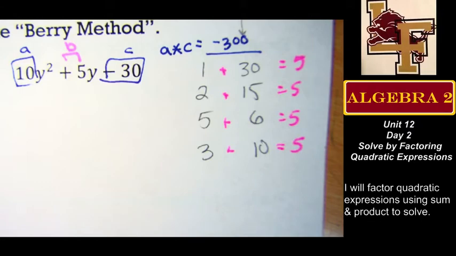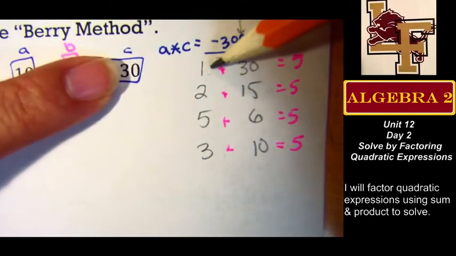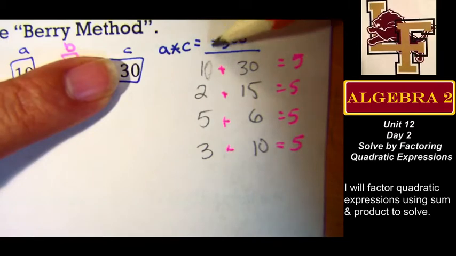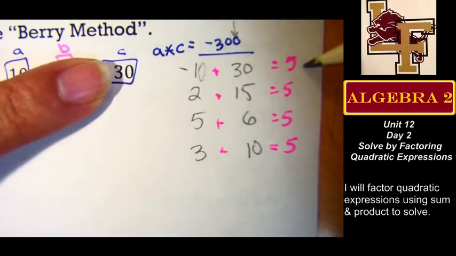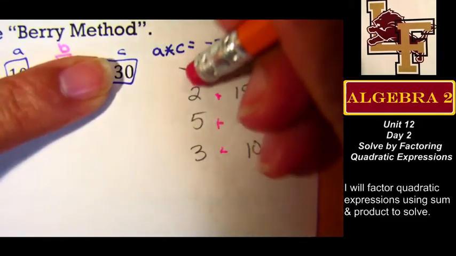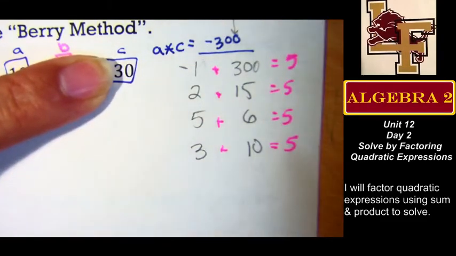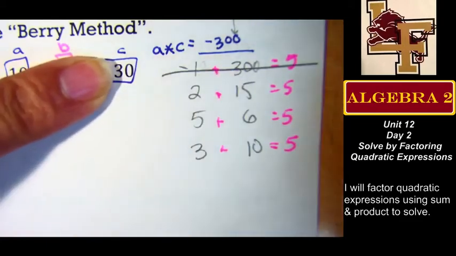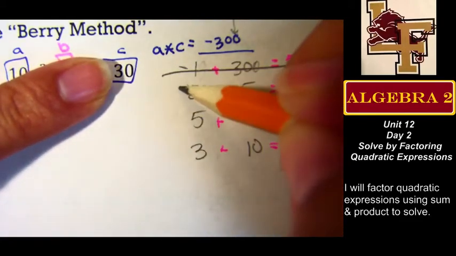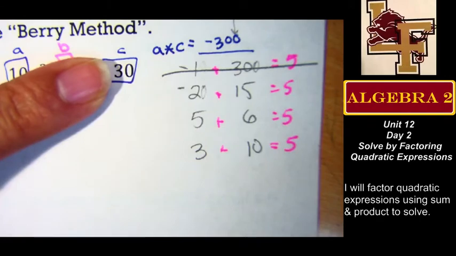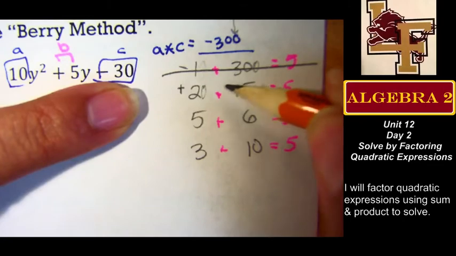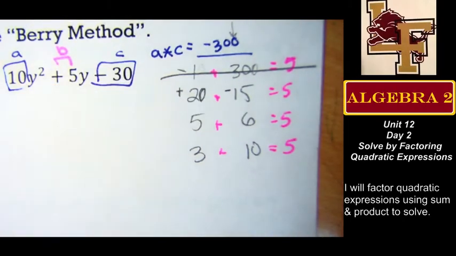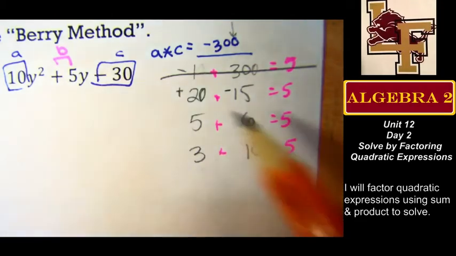If I add a 0 to this one right here, and knowing that one has to be positive and one negative, so I'm going to make the small one negative, would that give me a 5? No. If I put it over here, would that give me 5? Okay, so that one's not going to work. All right, what if I put it here? Yes, but this gives me a negative 5, so I don't want the 20 to be positive, I want the 15 to be. I don't want the 20 negative, I want the 15 negative. There it is, we found it.